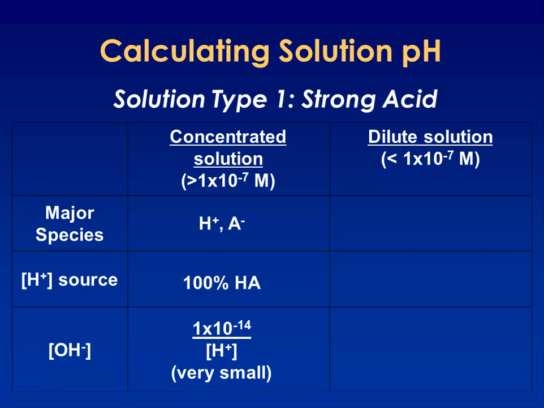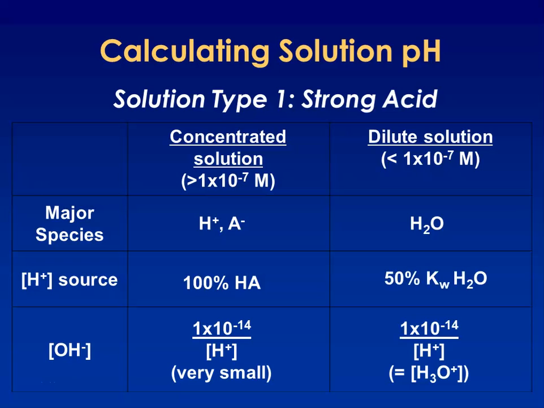Super duper small. If you happen to have a strong acid solution that is very dilute, that ends up having a greater concentration of hydrogen ions due to water than due to the acid, water is going to determine its pH, and it would just be 10 to the negative 14th of that hydrogen concentration. 50% of the Kw of water would be your hydrogen ions.